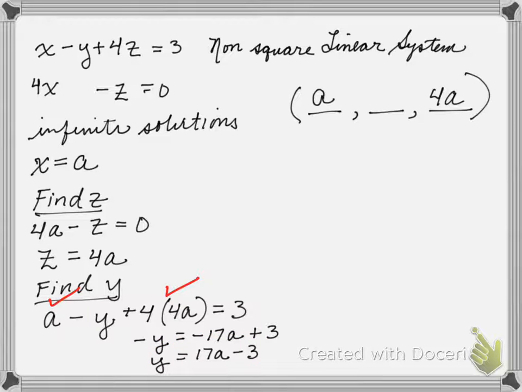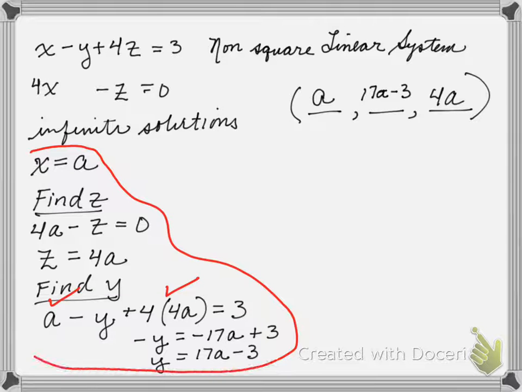I want to show you a couple more things here. Let me write that in: 17a minus 3. Okay, first of all, what if someone started off differently? So that's how we solve. What if someone had said, you know what, I want to let z equal a.